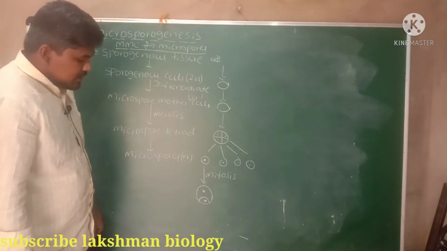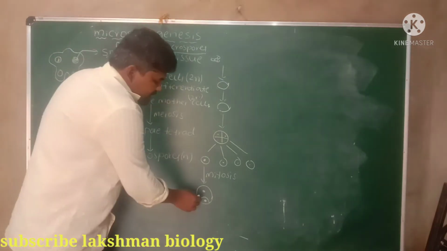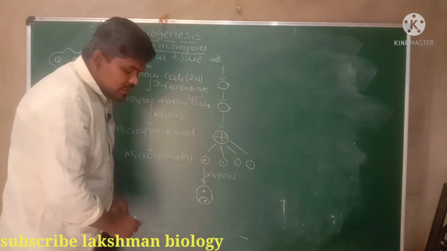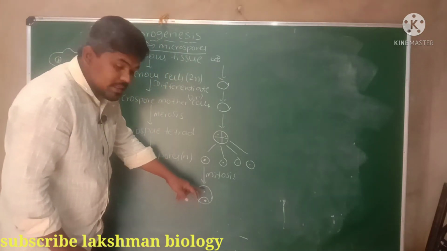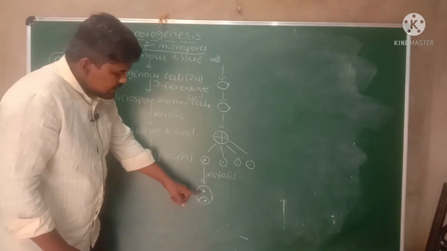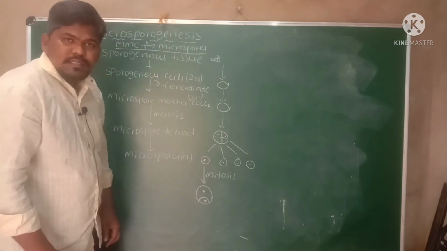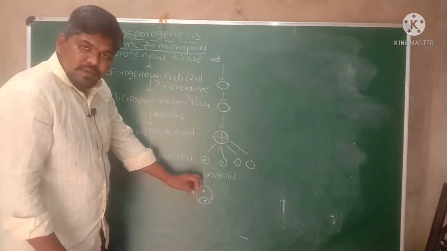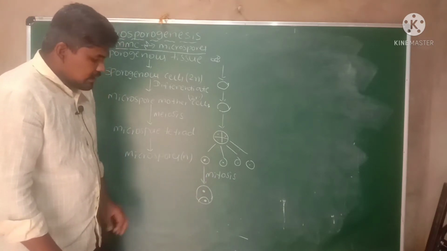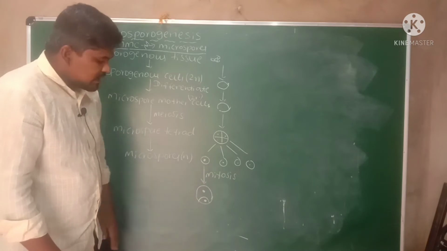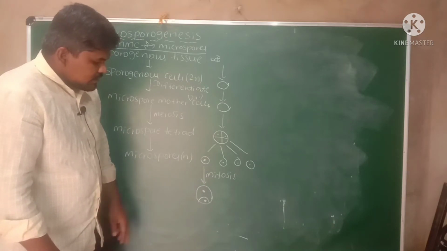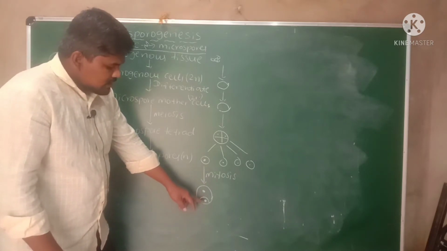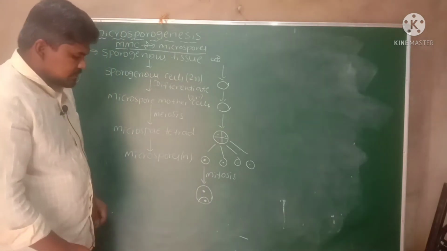But here the cytokinesis does not occur equally. Cytokinesis means division of the cytoplasm after the formation of the nucleus. Because of unequal cytokinesis, there is formation of one large cell and one small cell.